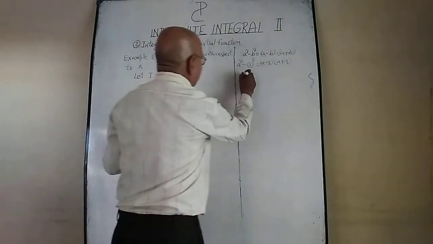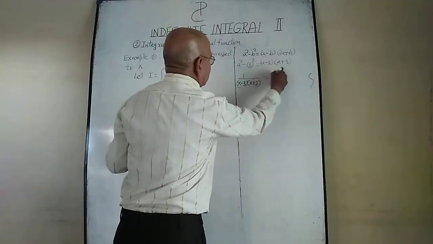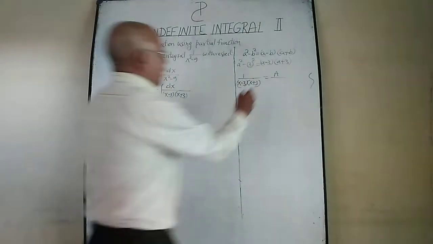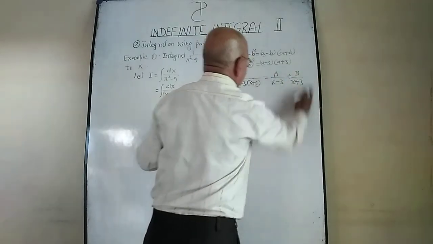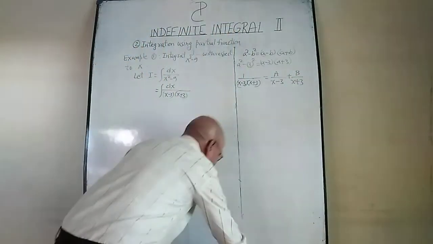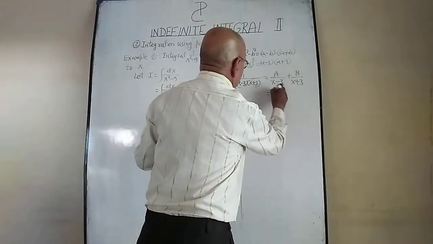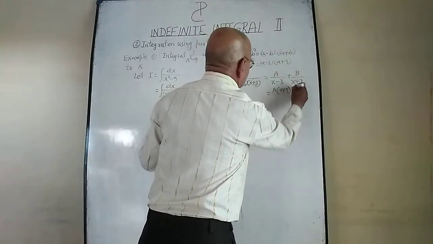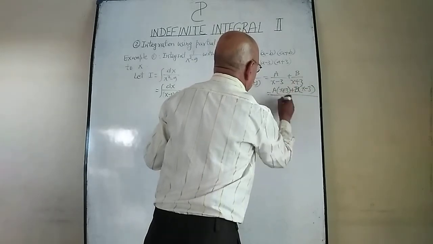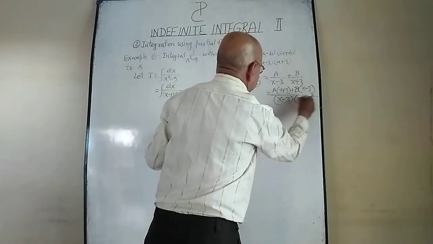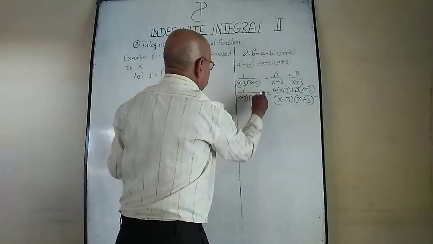This is 1 upon x minus 3 into x plus 3. Here I have taken two constants. One constant is related to x minus 3 and another constant is taken with x plus 3. So we can say that this is a into x plus 3 plus b into x minus 3 upon x minus 3 into x plus 3, and that is 1 upon x minus 3 into x plus 3.